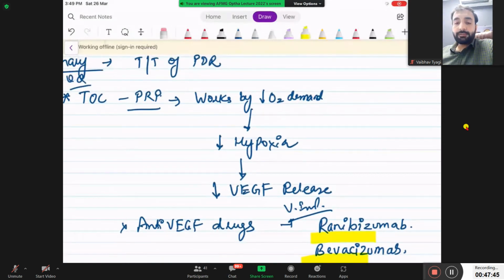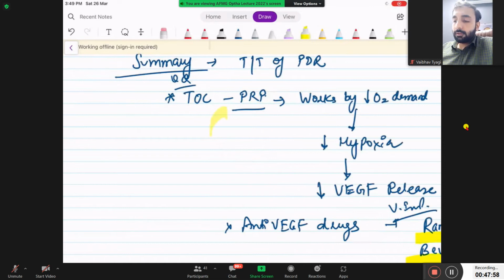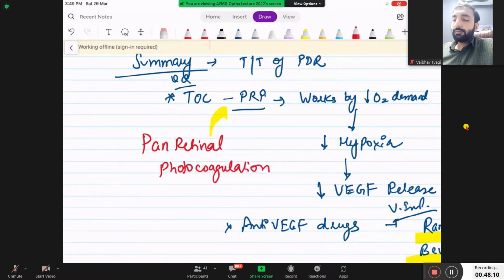Clear? So if they ask you the treatment of choice for diabetic retinopathy, the answer will not be anti-VEGF drugs. The answer will be pan-retinal photocoagulation, PRP.